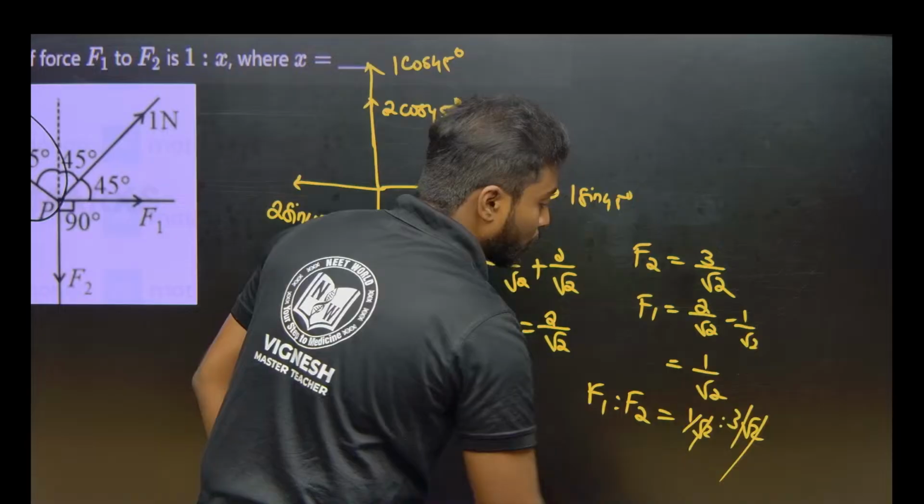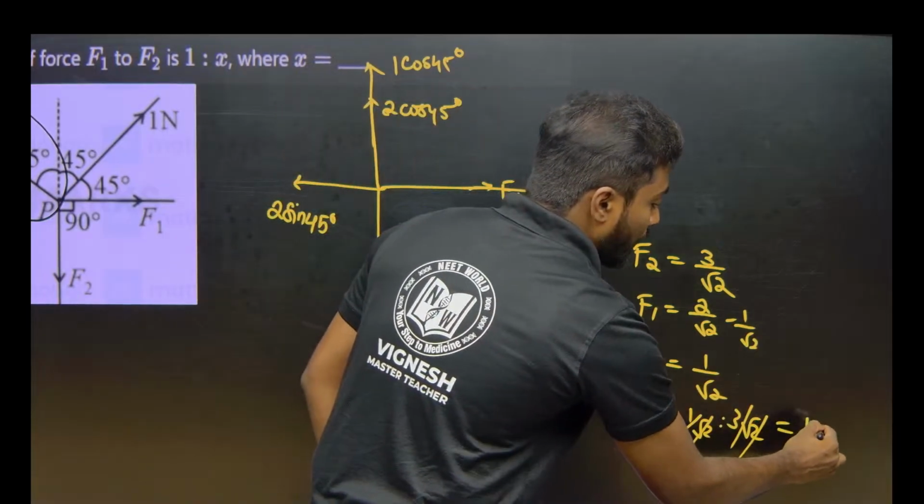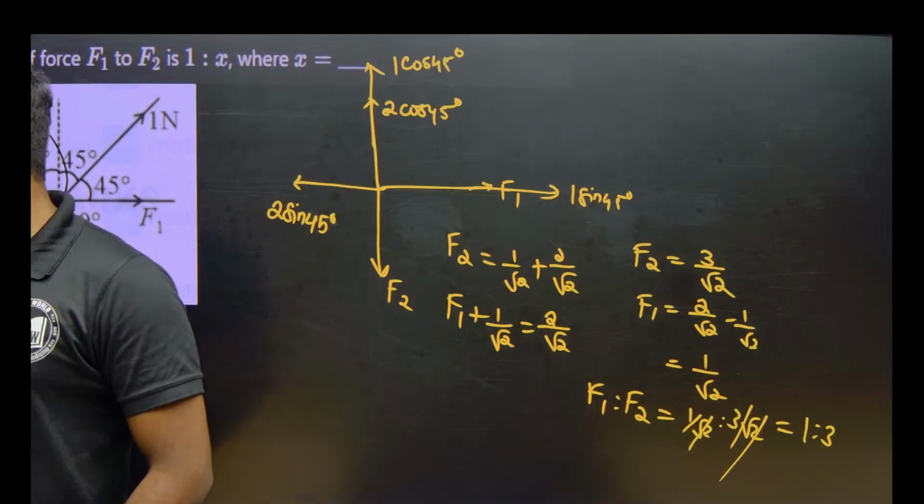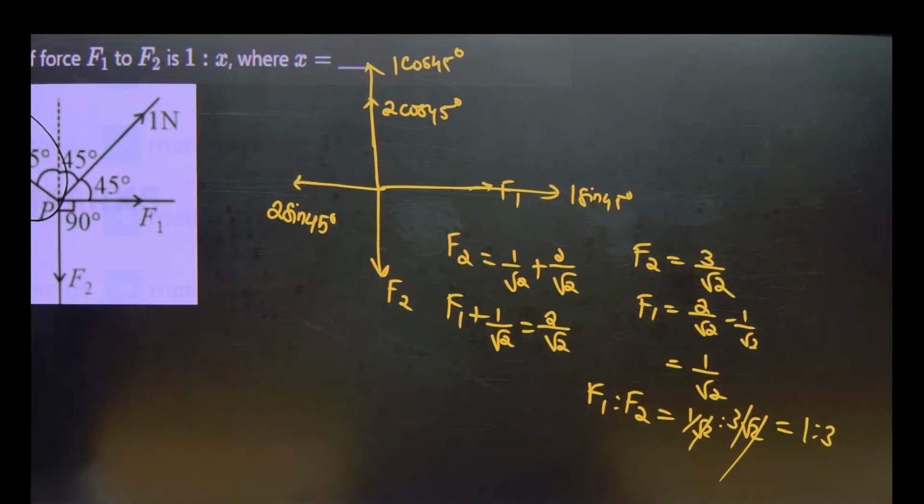So root 2 will get cancelled. So the answer is 1:3. That's the answer, guys. Yeah, 1:3 is the answer.